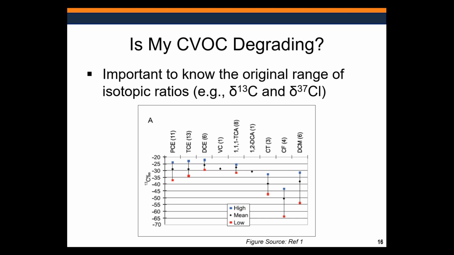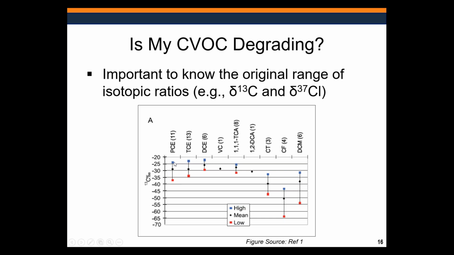One of the things that's really important to know when you do this is the original range of isotopic ratios in your chemical. I'll particularly focus here on PCE and TCE. These are data from that 2008 EPA document. Essentially, what's important to know here is these are starting material.